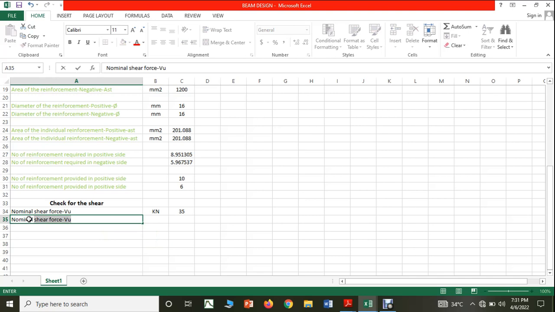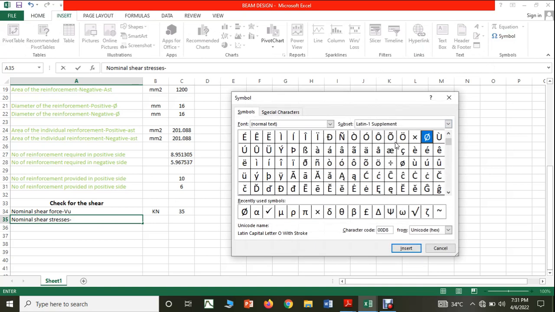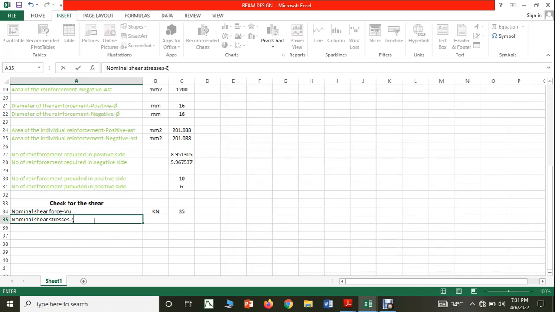Nominal shear stress, we call it tau u. Here I don't have the symbol for tau, so let me check whether there is any symbol that looks like the tau value. You can see we have some symbols here, so I can give almost this value. So I can write tau u, which will be in Newton per mm square.